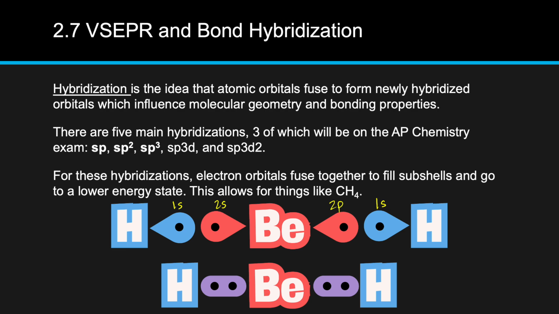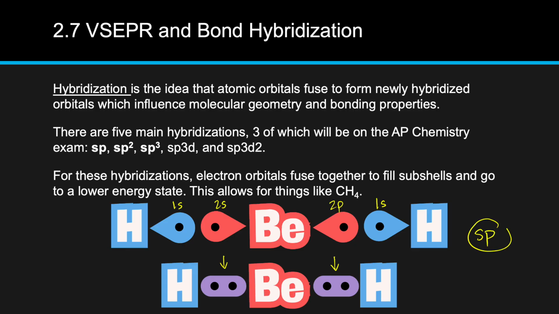And how we get the name of that new orbital is we look at how many total bonding sites we have. Now, when these overlap and we form a sigma bond between each beryllium and each hydrogen, that means we have 2 bonding sites. We have a single bond here and a single bond here. That means we have 2 sites for hybridization, which means we need an s orbital and a p orbital.